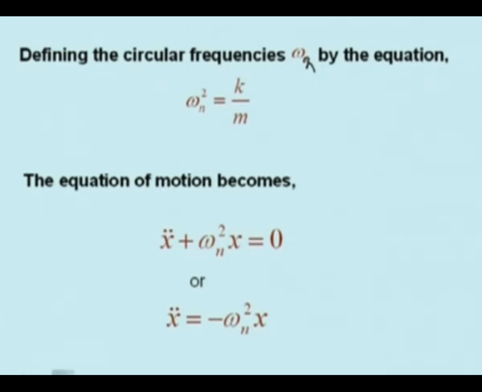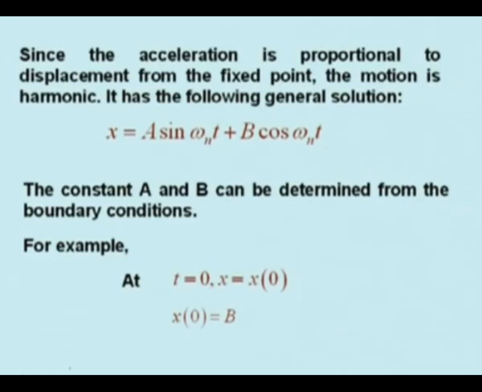Now this x has the following general solution. If you solve this equation, x is equal to a sin omega n t plus b cos omega n t. That is the general solution of this type of problem.